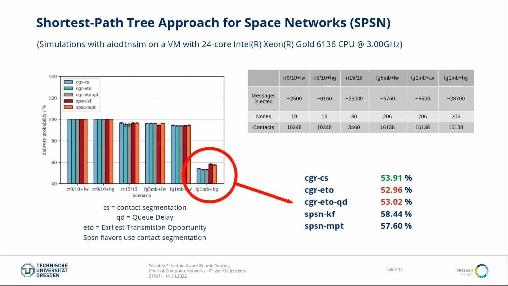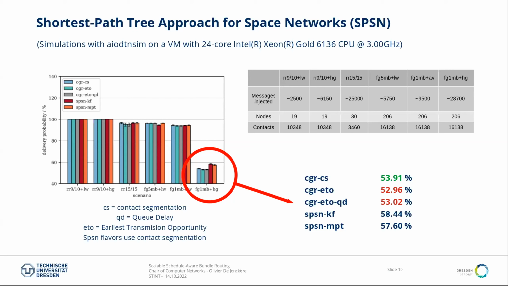It seems pretty negligible, but two things: in the space environment, any level of improvement can be considered a leap forward, and also those scenarios were not specifically designed to make contact segmentation shine. So the goal of this simulation was just to show that contact segmentation works as intended.